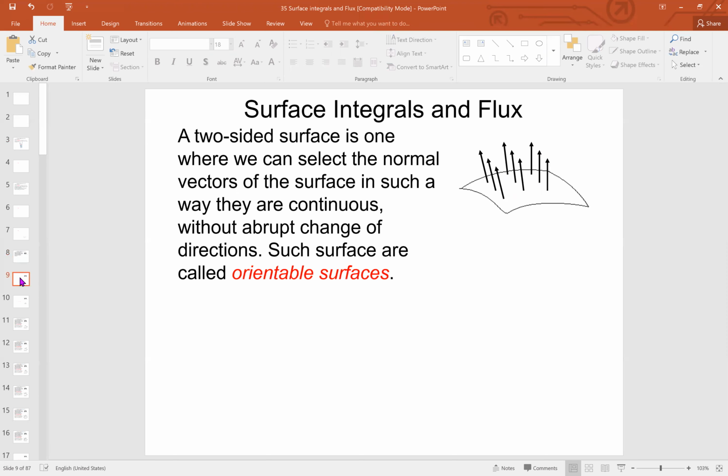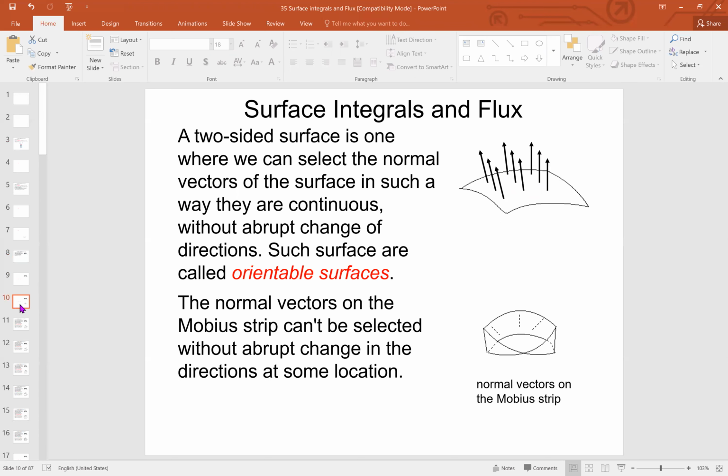Mobius strips are not. If I take a pole pointing upward and start walking around the outside, quote unquote outside, and go around, that's where the pole is. But when I come back to here, the Mobius strip has a twist.